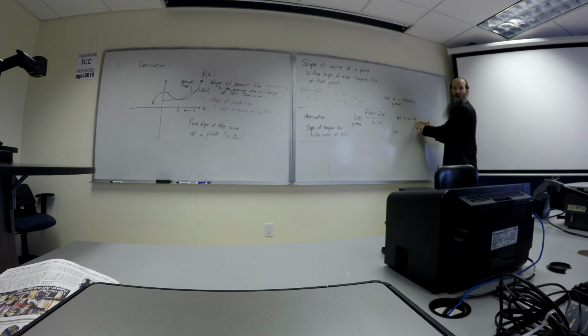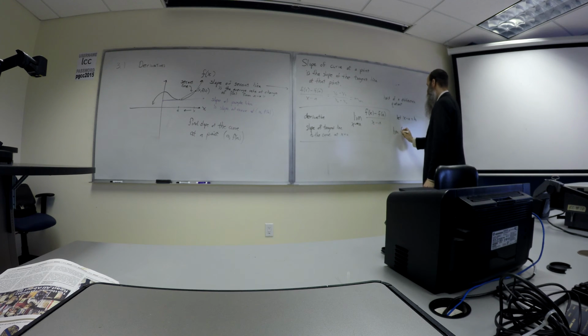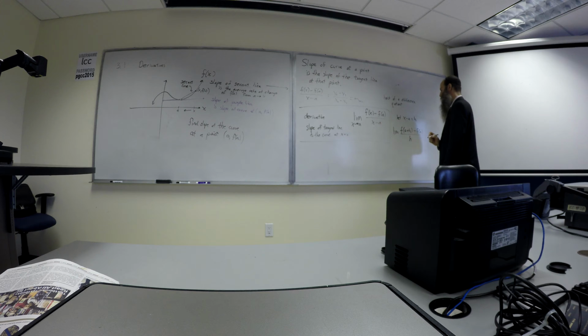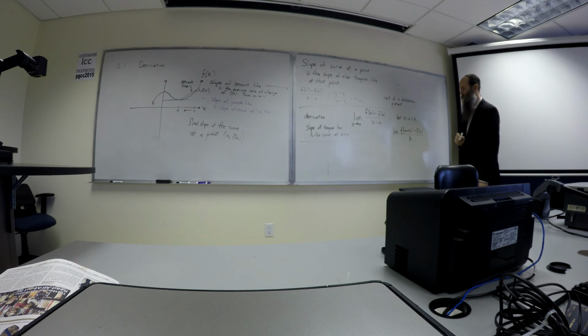Agreed? If x minus a is h, then x is a plus h. So limit of f of a plus h, minus f of a, over, but x minus a is h itself. We have this formula instead.